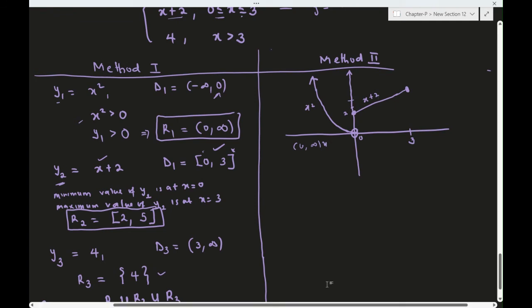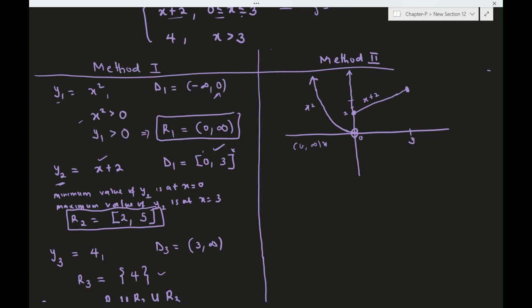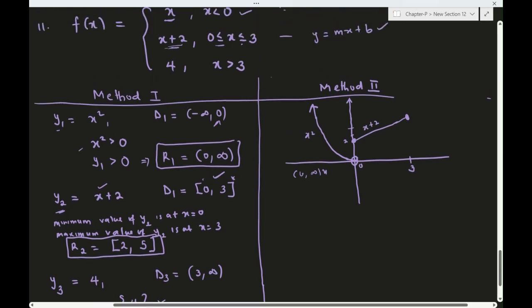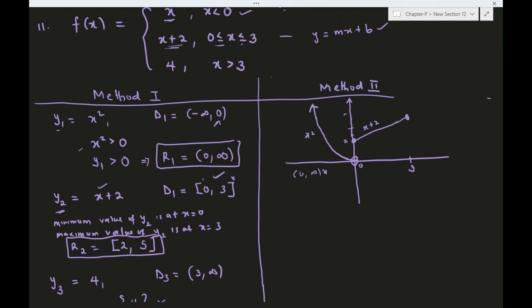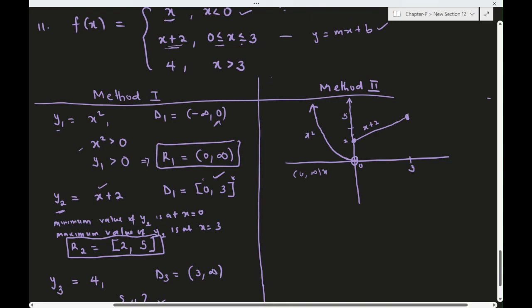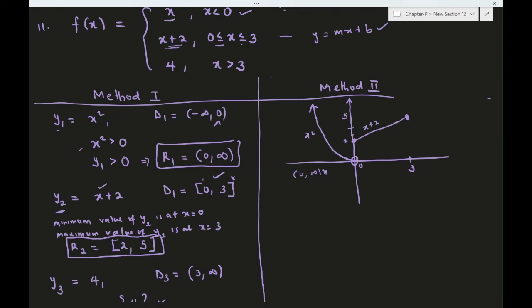So for the third piece, before we go into that, when x is 3, if you put x equals 3 in the second piece, the value of y is 5. So it means here is 5. Okay. Now, the last piece is when x is greater than 3.